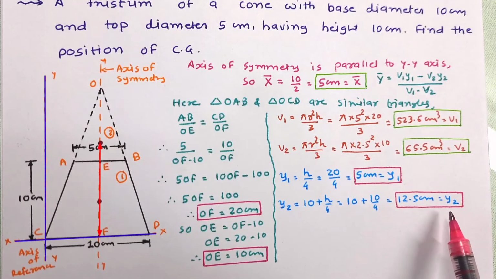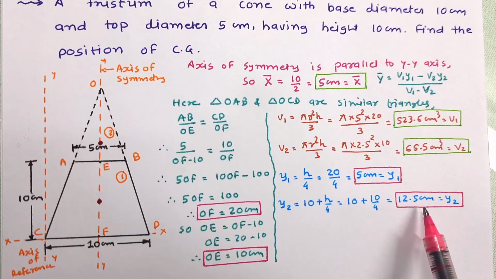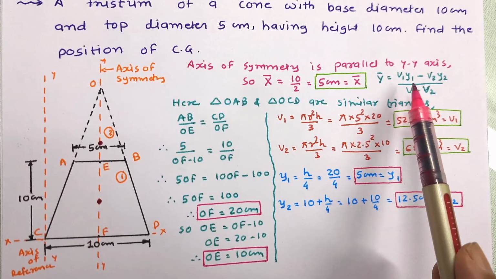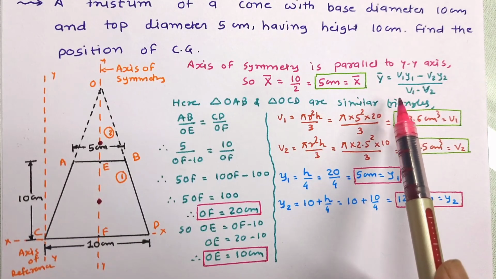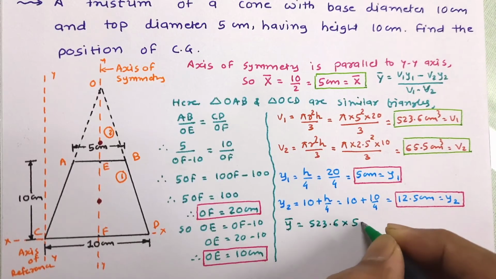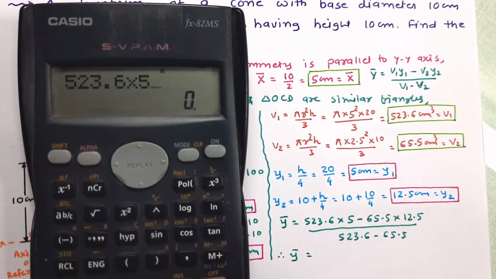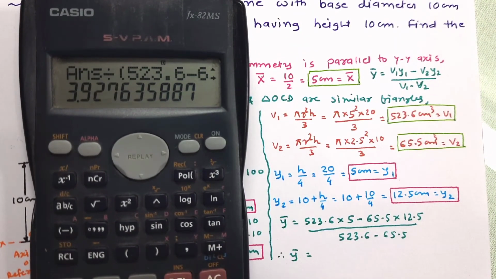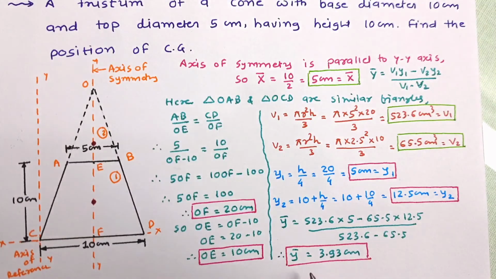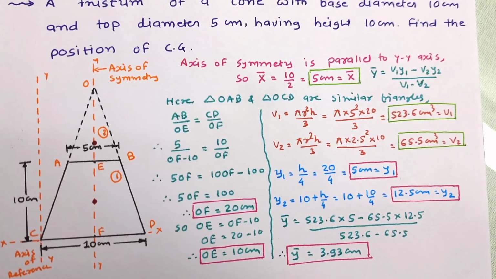So this distance Y2 is 12.5 cm. Now let us put all the values in the equation of Y bar to get Y bar. So Y bar has been obtained as 3.93 cm. This way we can find the centroid of such a composite volume.